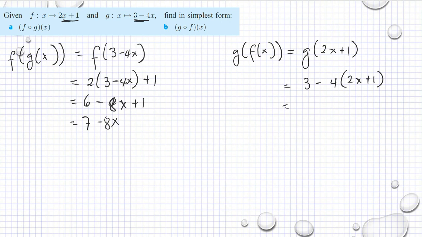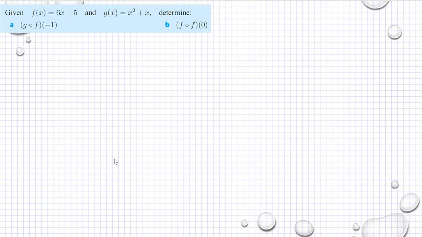Then we have 3 minus 8x minus 4. Then we have negative 8x minus 1. So they are not the same again. More examples here.